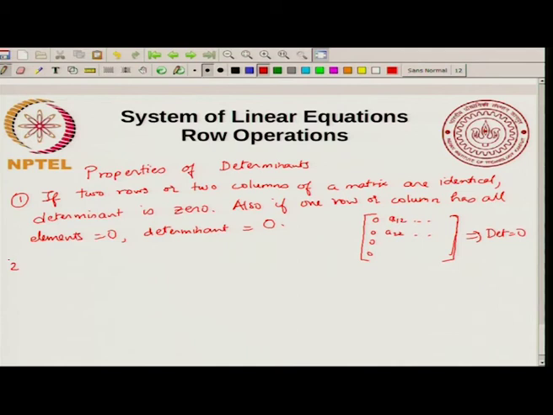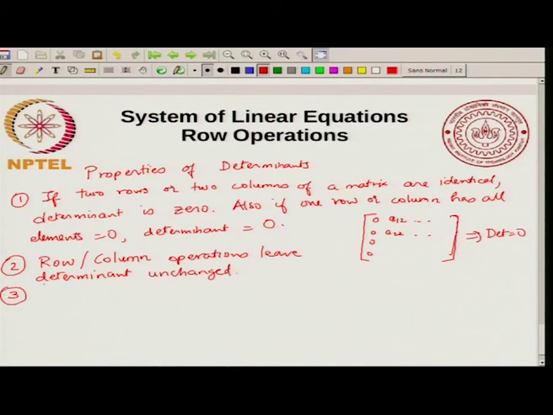The second property is row or column operations leave determinant unchanged. Okay. So, suppose I do these row or column operations that we talked about, then the determinant does not change.